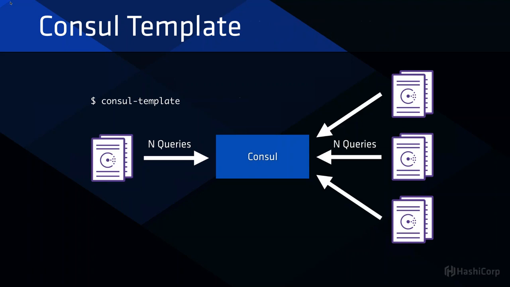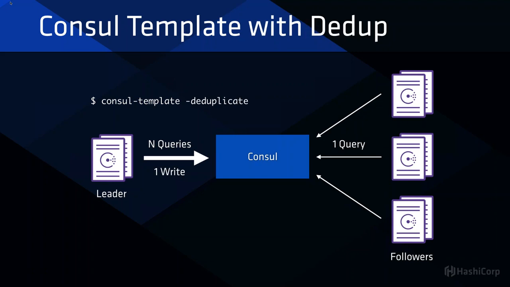As the thick lines on this show, this pattern has a lot of wasteful read volume against Consul. This version has basically the minimal read volume possible. So it's much more efficient to scale with this. And then you just add the command line option and it just works.